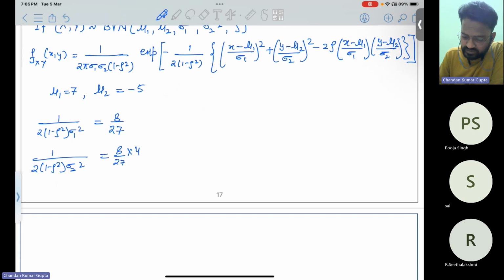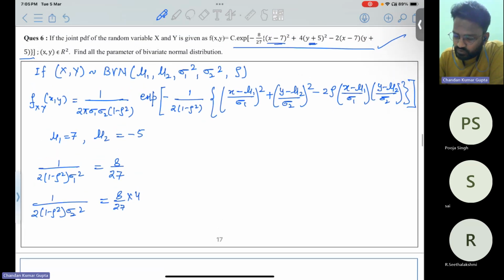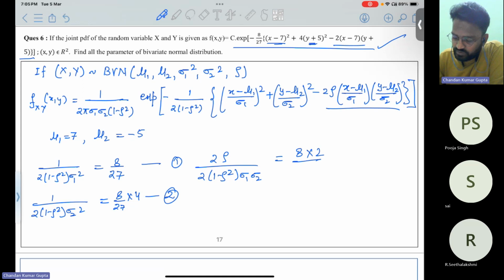And the last is the 2 rho term. So this is the first equation, this is the second equation, and the third is 2 rho upon twice (1 minus rho square) sigma 1 sigma 2, which gives 8 into 2 upon 27.